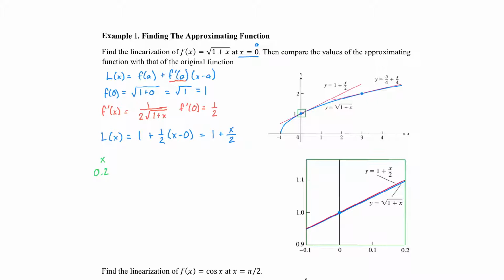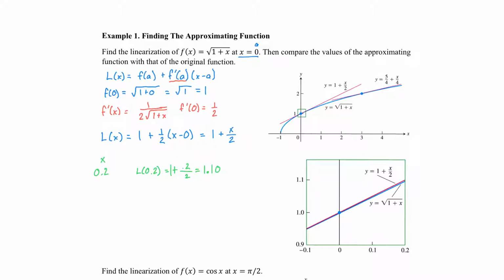If I plug that into my linearization, I get 1 plus 0.2 over 2. You can verify this as well, but that works out to approximately 1.1.